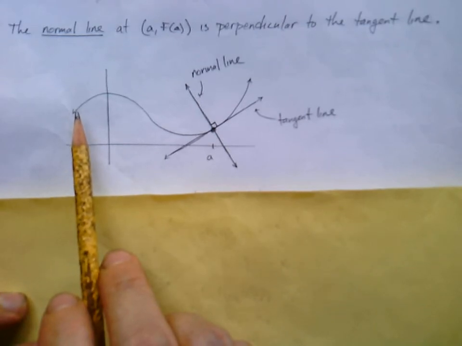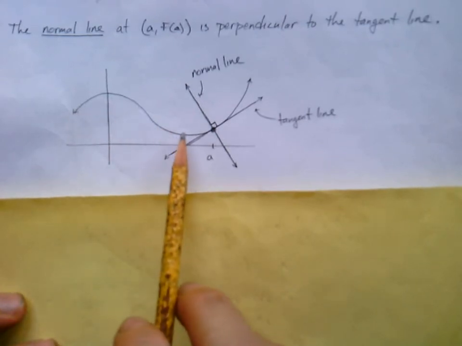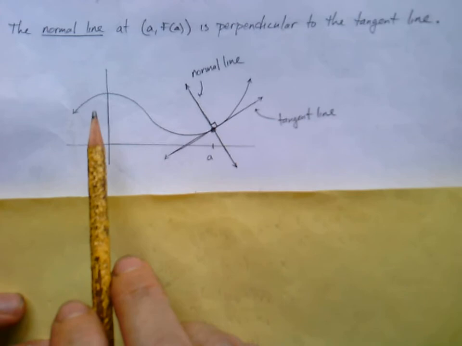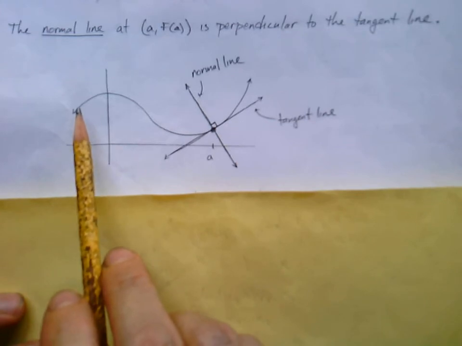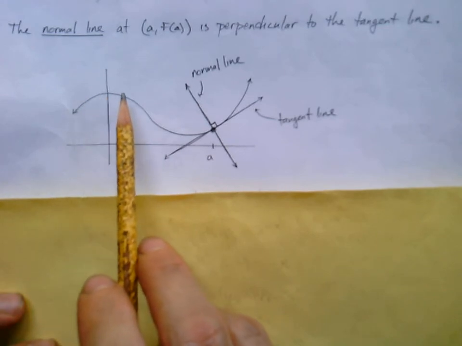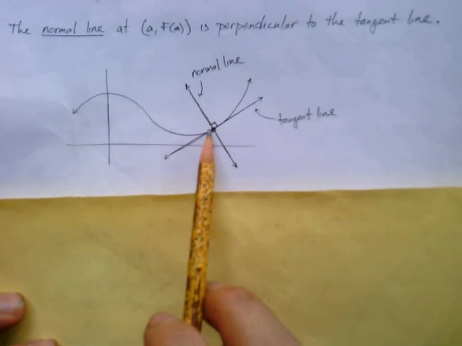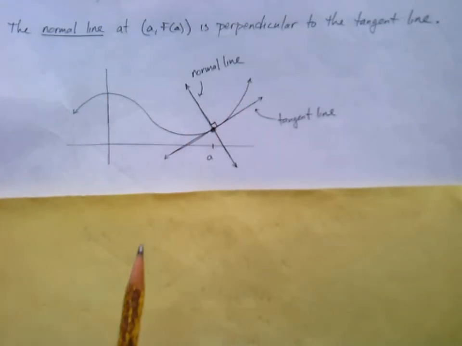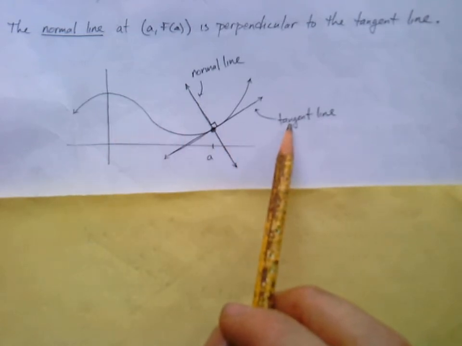So imagine this is a road. Maybe you're looking down from a bird's eye view, and there's a car that drives along the road. We're looking straight down on the car. You think, oh, the tangent line, that makes sense.